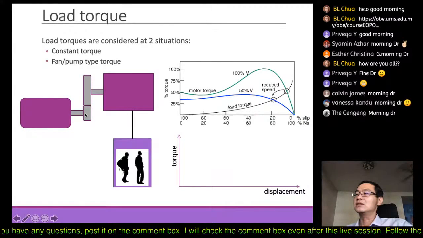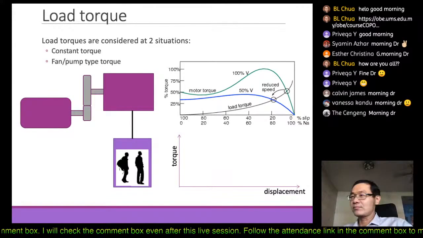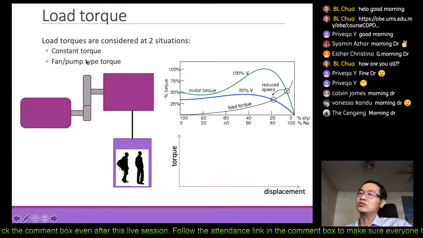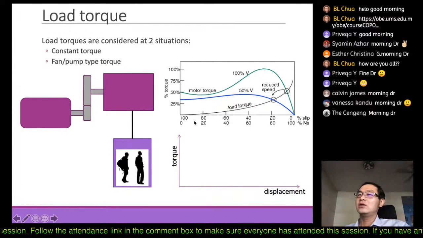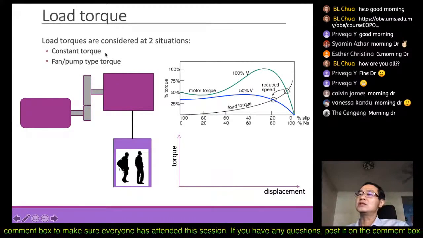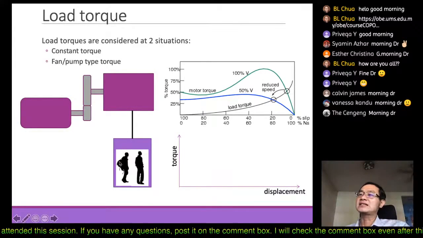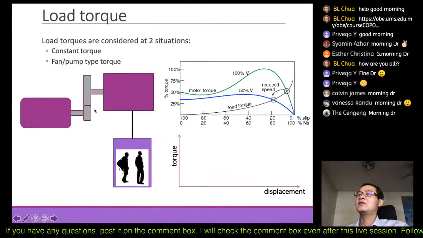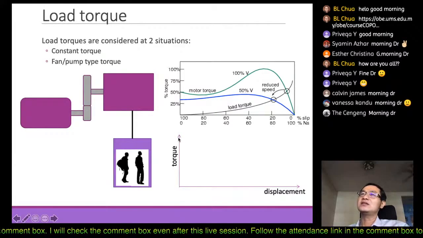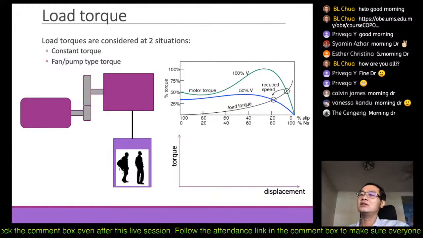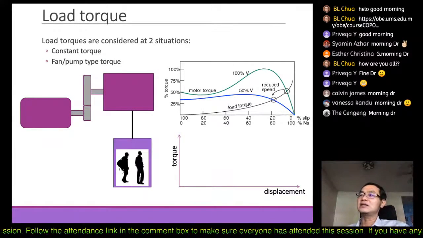So this is how you can convert back to get the load acting on your electric motor. Now your electric motor will have to consider two parts. Either it is constant torque, where it doesn't move up and down, it just continuously rotates, just like your electric fan at home, you just press it on and the torque is constant, it doesn't change.